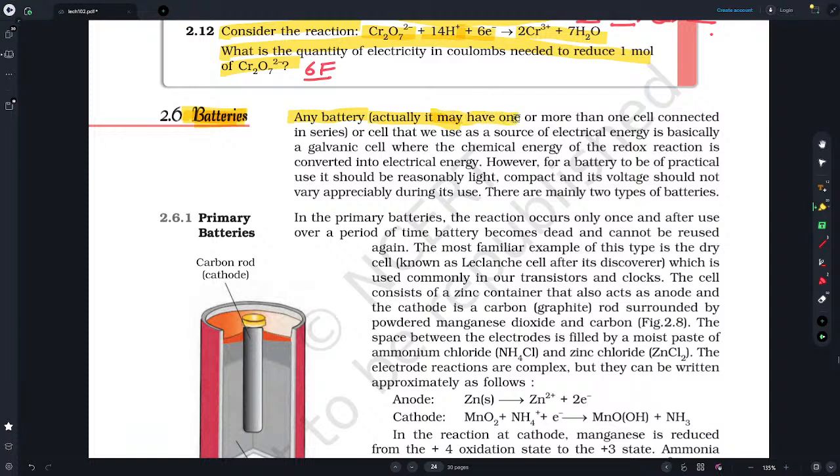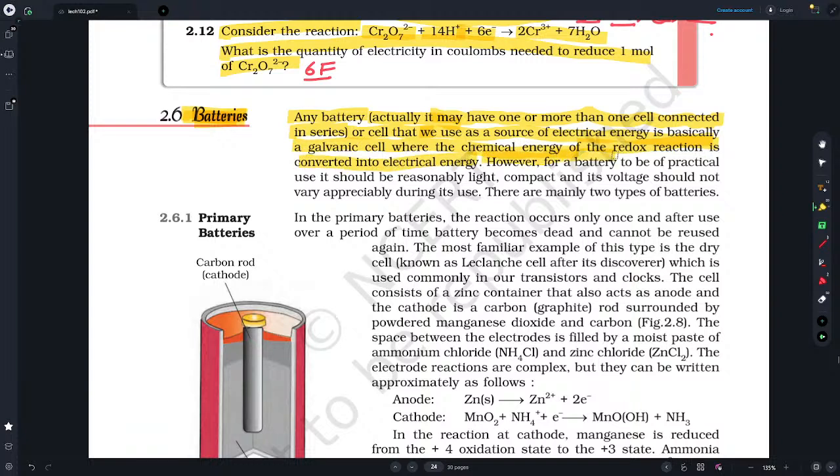A battery may have one or more than one cell connected in series. The cell that we use as a source of electrical energy is basically a galvanic cell, where the chemical energy of a redox reaction is converted into electrical energy.